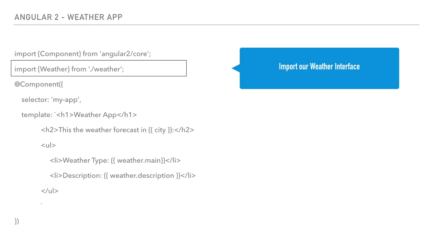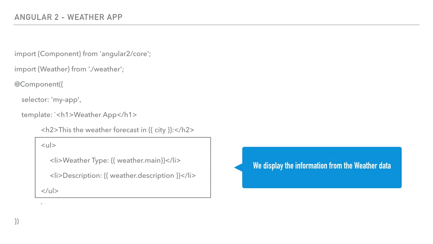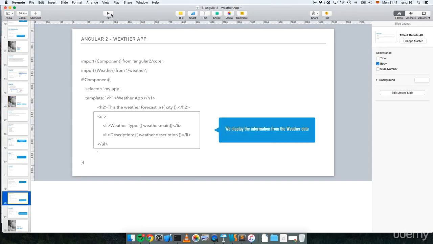And this is the way that we import the weather as always in our app component, and then we can use the weather as it should be. So let's code a little bit, and this time I will improve the slides and we will create an interface and a class. So let's go for it. Let's see how it works.